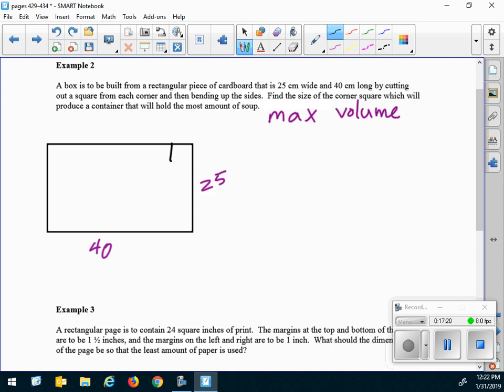We're going to cut a square out of each corner, and then we're going to bend up the sides. So we're going to end up with this box.